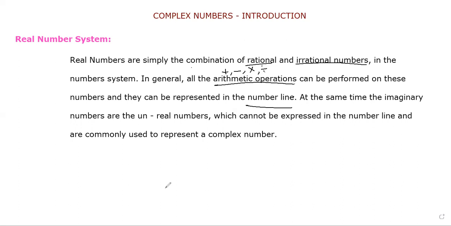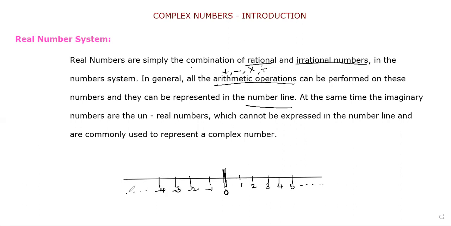Let's see. First we learn about the numbers. First I will draw a number line. This is the number line. Here we represent the numbers on the number line like this: 1, 2, 3, 4, 5, and so on. Here 0 is there, and -1, -2, -3, -4, and so on.